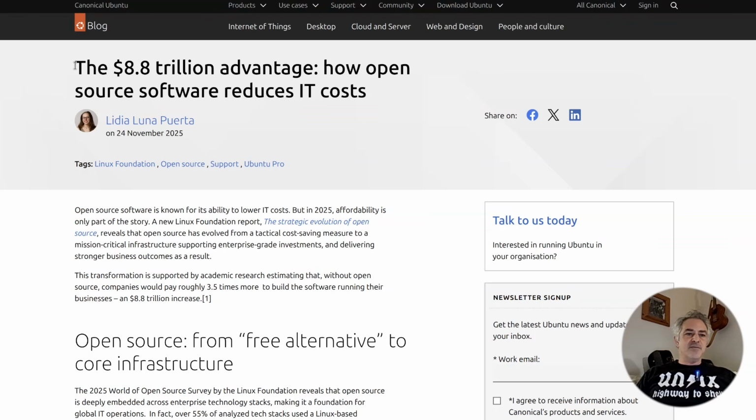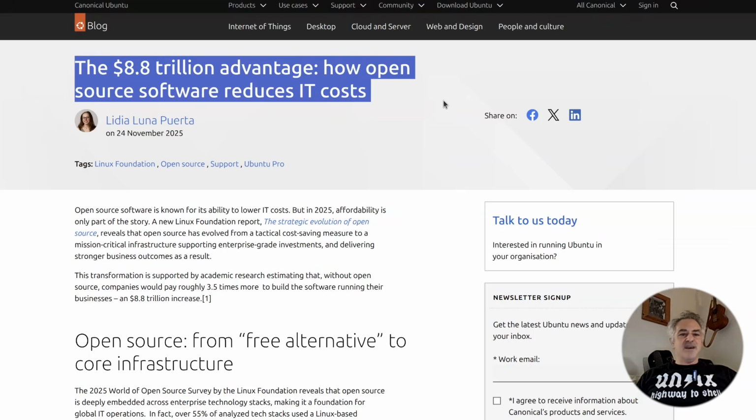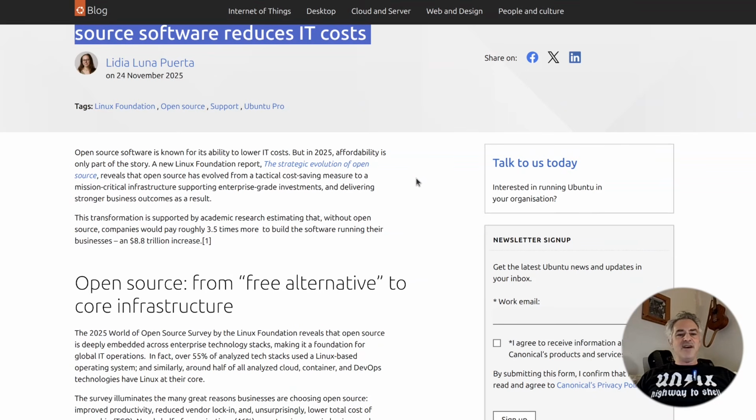Canonical is the company that produces Ubuntu, which is a type of Linux, and they are obviously somewhat biased in the area, but they are providing an insight into a Linux Foundation report here that talks about essentially the incredible amounts of money that you can save by using open source.